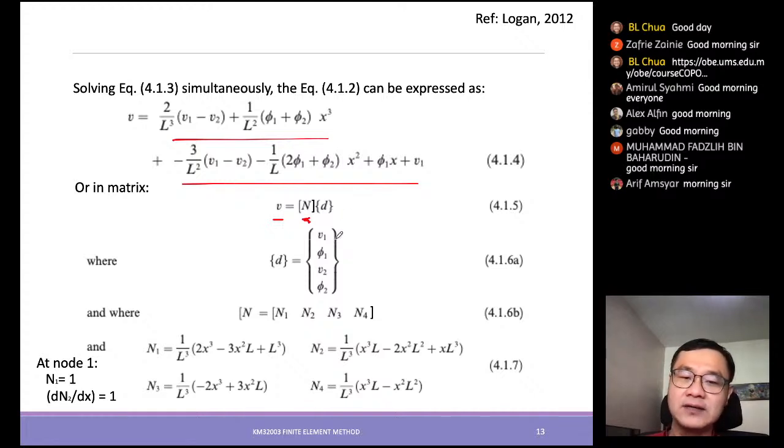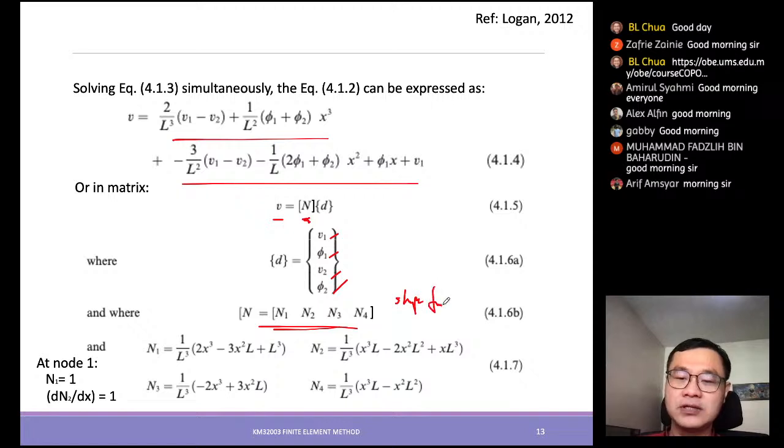So you have the displacements in the vertical as well as the rotations at node 1, and the same thing for node number 2. So this is the d itself, where N is given by N1, N2, N3 and N4. What this N refers to are the shape functions.